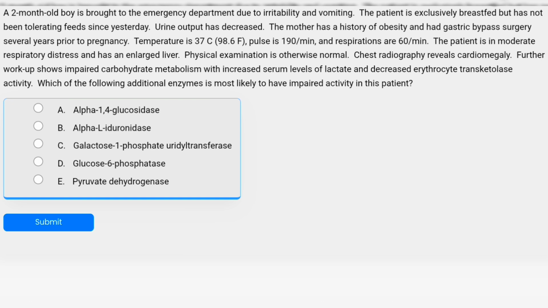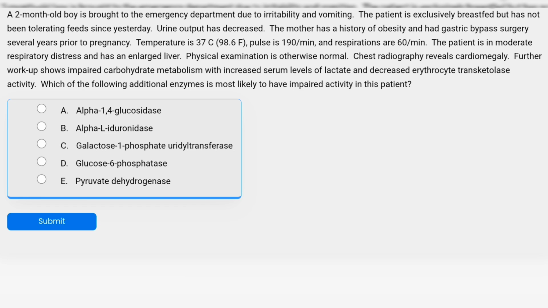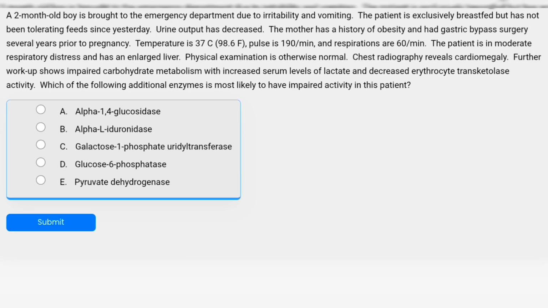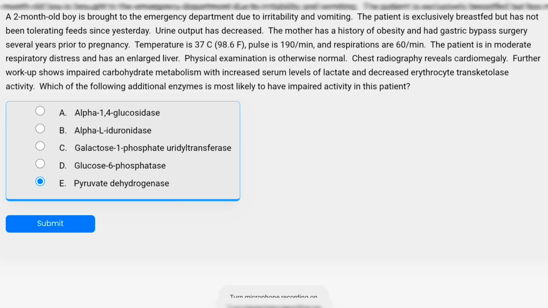So the only thiamine dependent enzyme in the answer choices is pyruvate dehydrogenase. Thiamine is very important for transketolase and also pyruvate dehydrogenase and alpha ketoglutarate dehydrogenase to function normally. E is the correct answer choice.